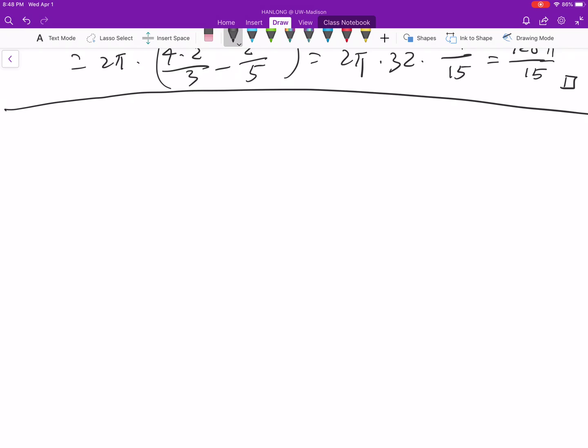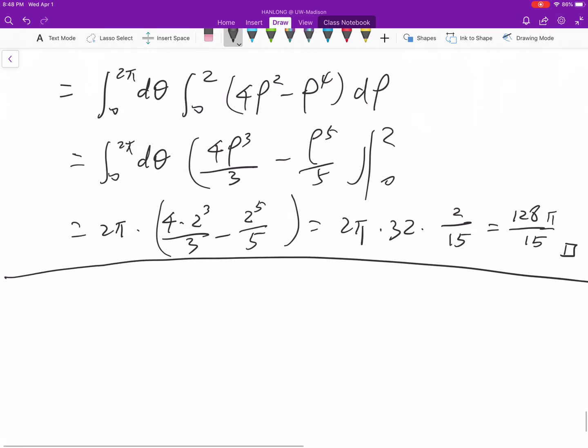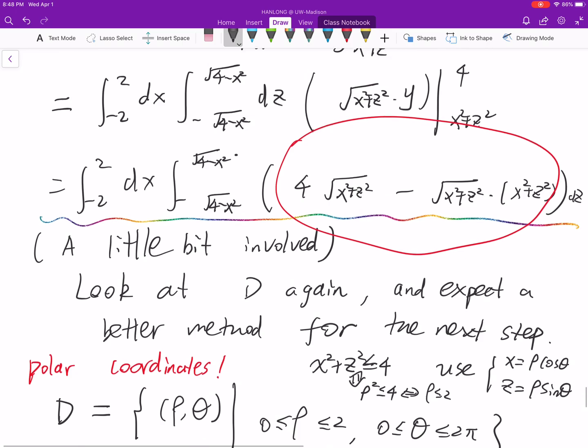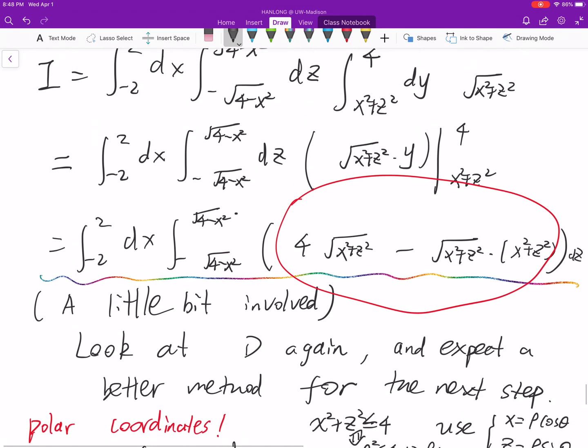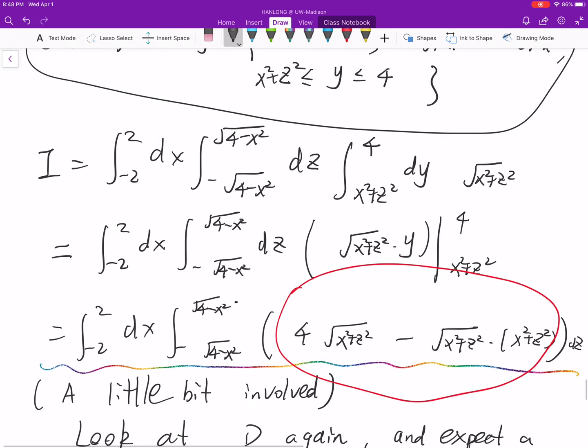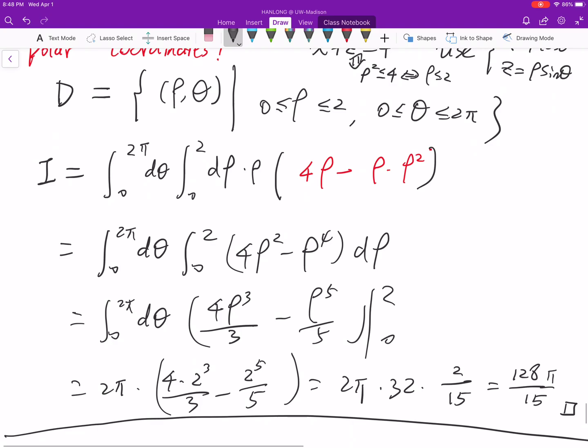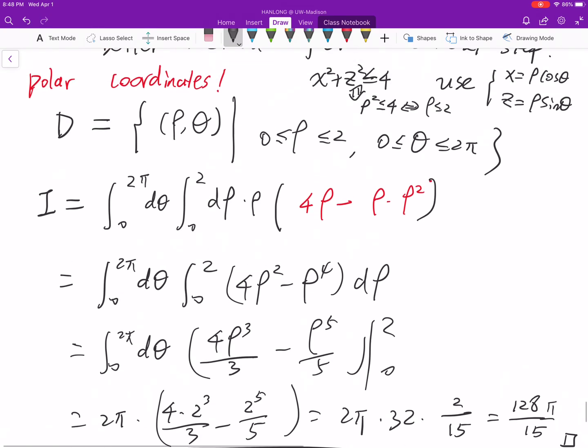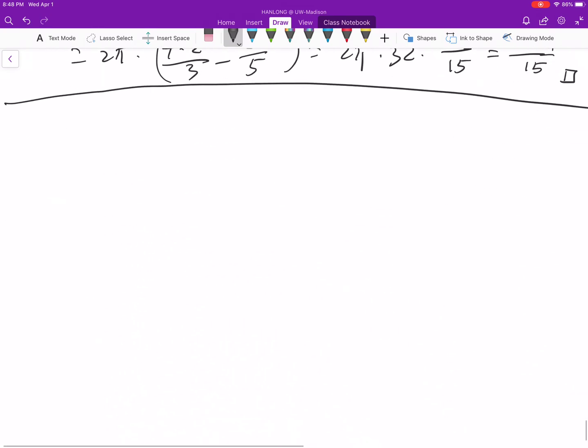Okay, then you see in this type of problem, after we use the deduction from 3D to 2D by viewing it as a type 1 domain, there's another trick, polar coordinates for the 2D domain. And this is quite a large class of solids.